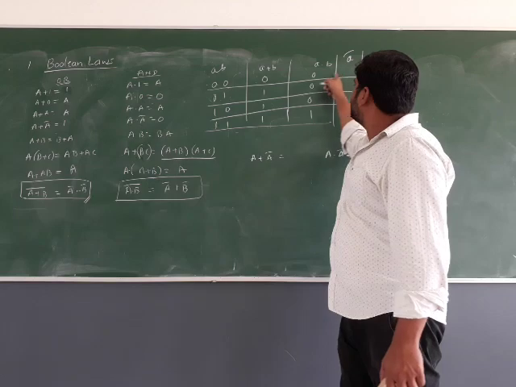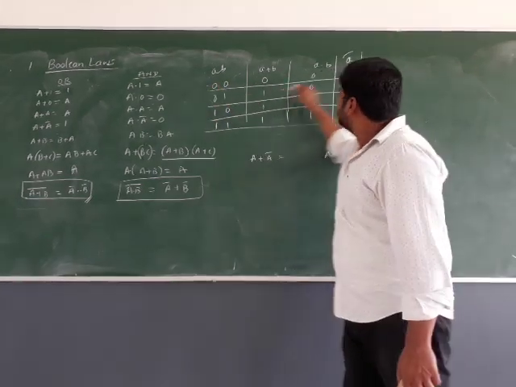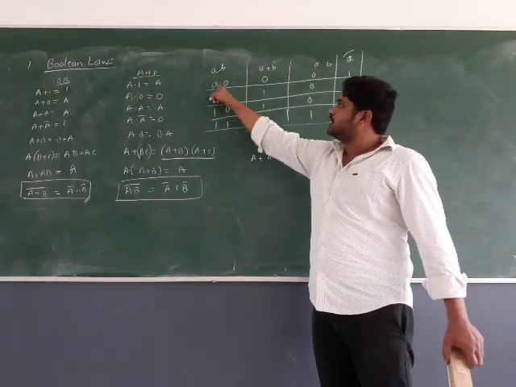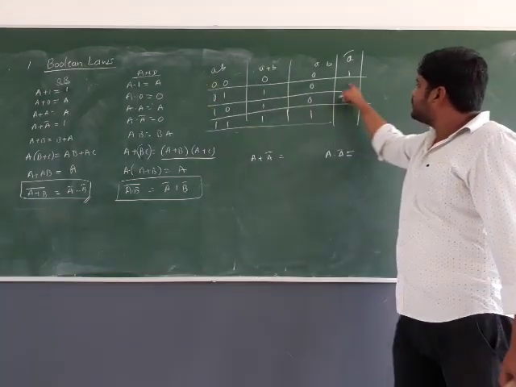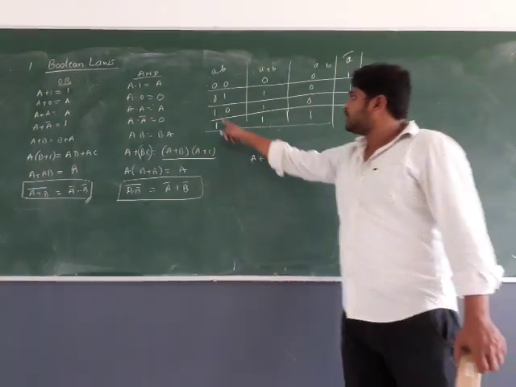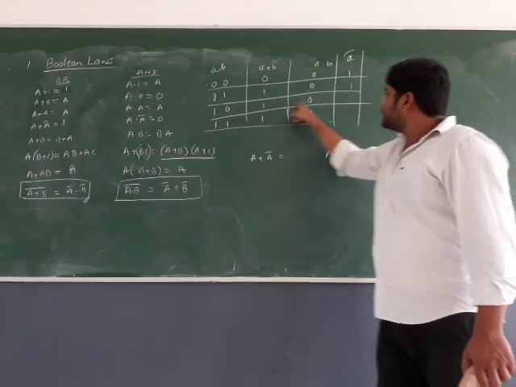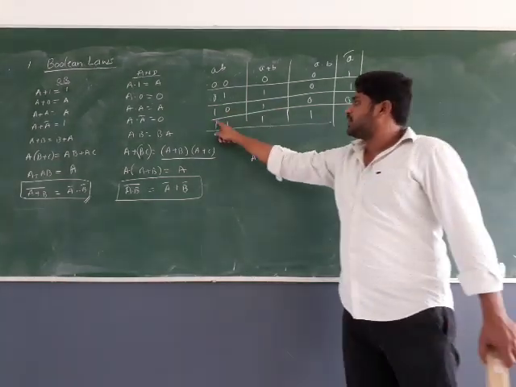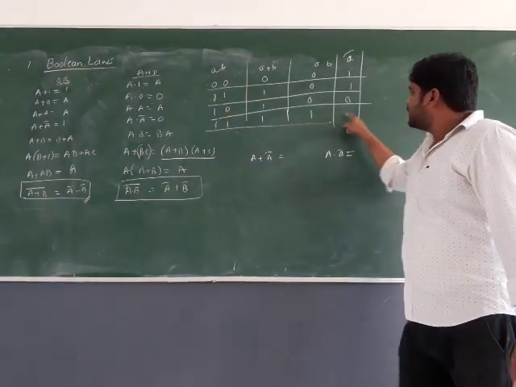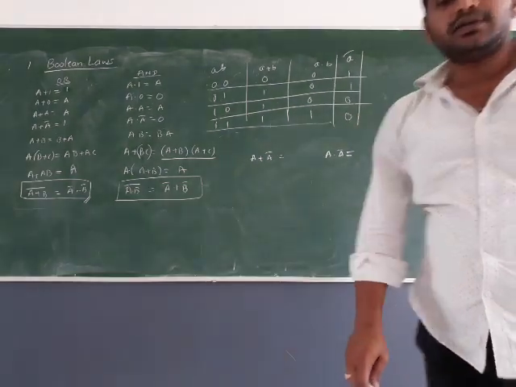Here, in this row of A, the value is 0, hence A complement is 1. In the second row, the value is 0, so A complement is 1. In the third row, A is 1, hence A complement is 0. In the fourth row, A is 1, hence A complement will be 0.